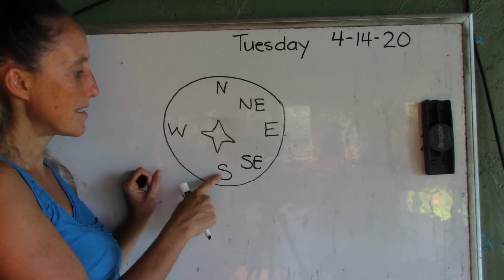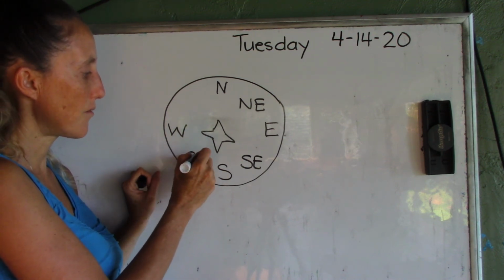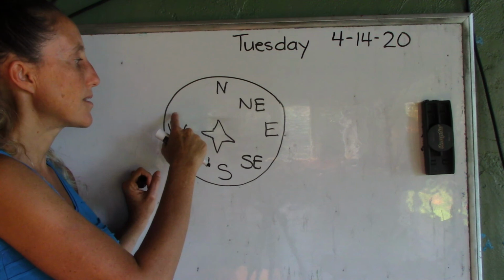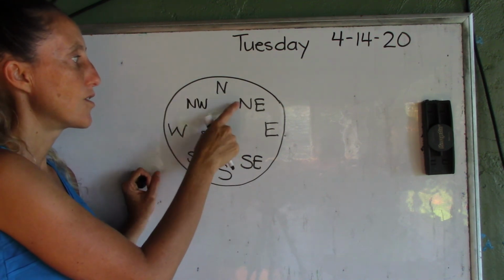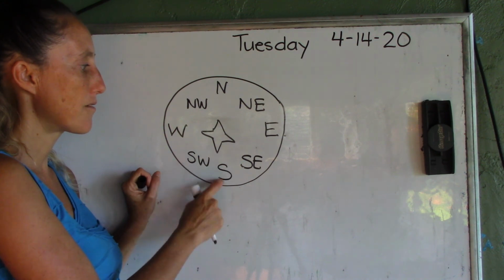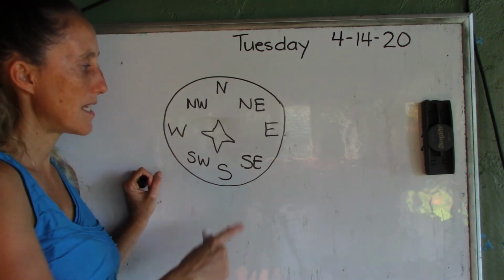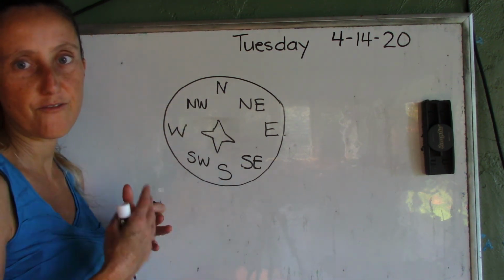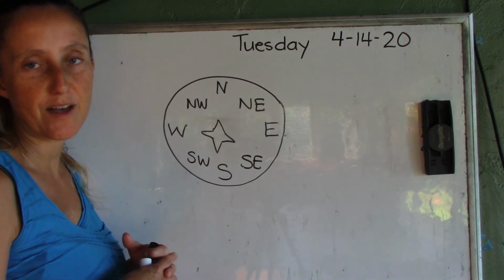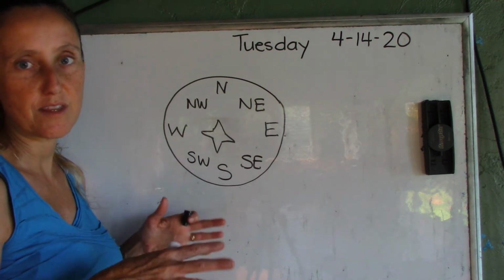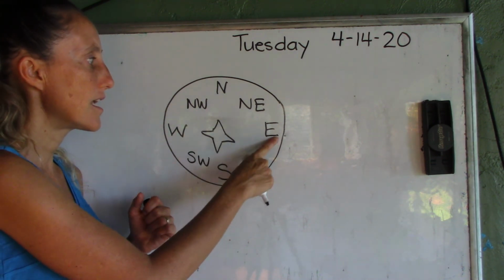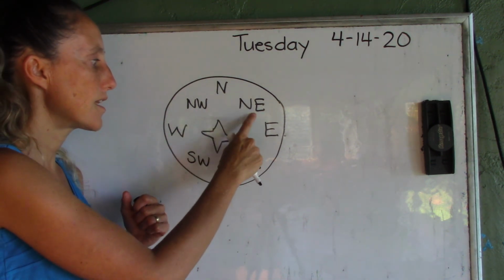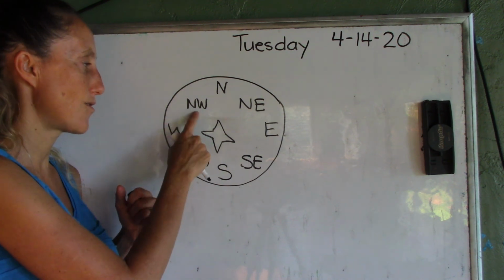And between the South and the West, called Southwest, and a place between the North and the West called Northwest. And if you notice, North and South kind of take over. They're mentioned first when they're talking about Northeast or Southeast or those type of things. So we have North, South, East, West, Northeast, Southeast, Southwest, Northwest.